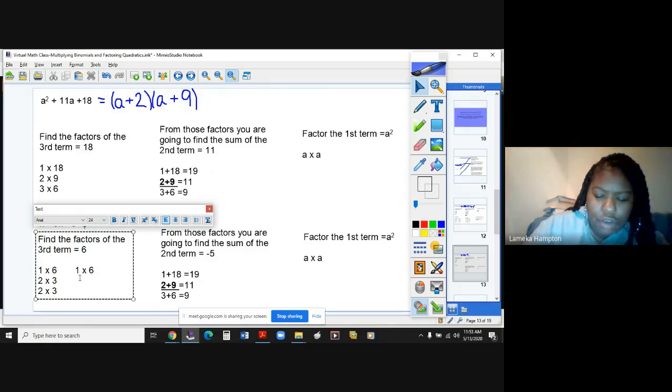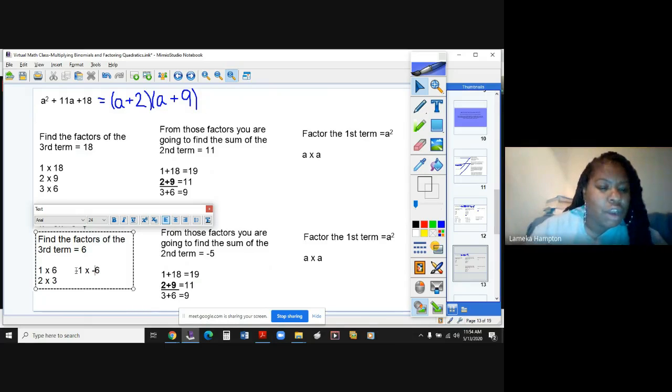So now all I'm going to do is simply make these numbers negative, because remember, two negatives, when I multiply them together, give me a positive. So now I have -2 times my -3.